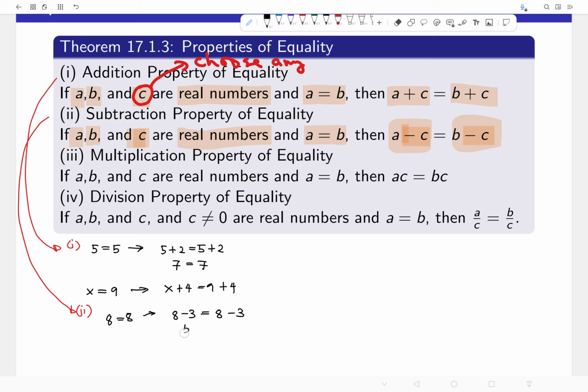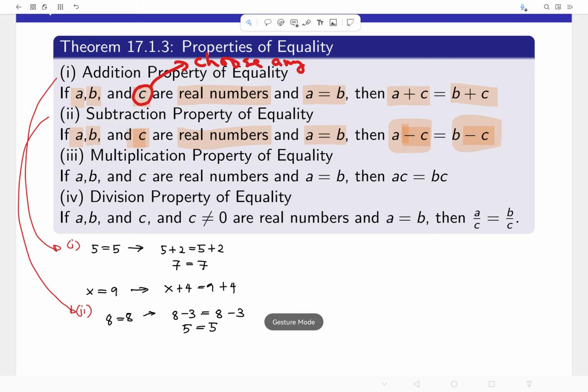This one is, of course, 5, and this one is 5. So we get the same answer when we subtract the same number from both sides of the equation. Remember, we will apply these properties later. We will use this one to solve simple equations.